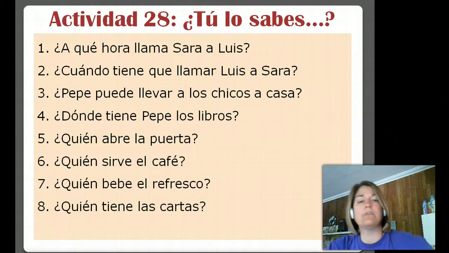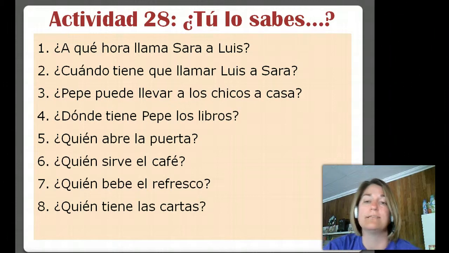Uno, ¿a qué hora llama Sara a Luis? At what time does Sarah call Luis? So we can say she calls him because we know we're talking about Luis. So let's use the direct object pronoun. So we'll say Sara lo llama a las 3. Sarah calls him at 3.